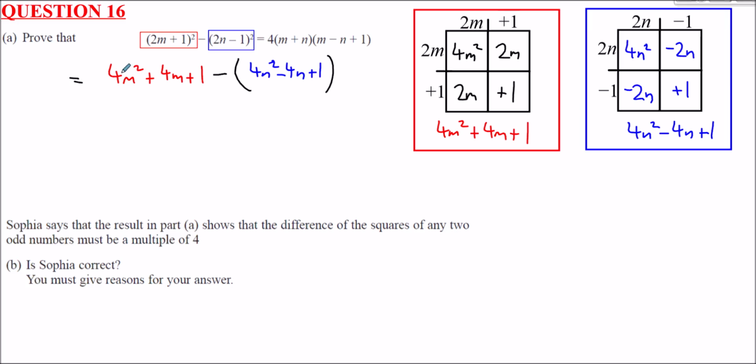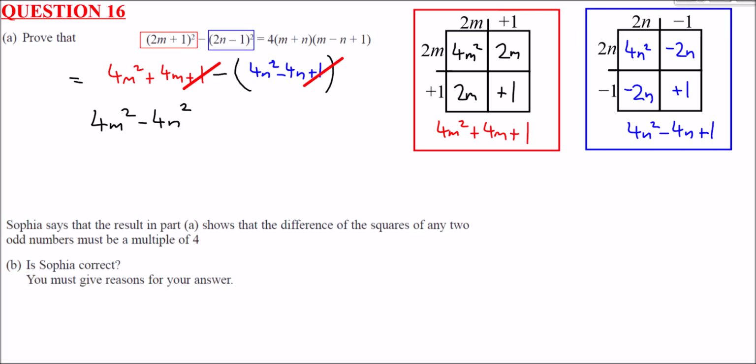So now what I'm going to have is 4m squared minus 4n squared, and then the plus 1 and minus a positive 1 will cancel, so those two will essentially disappear.